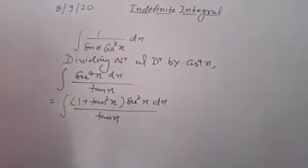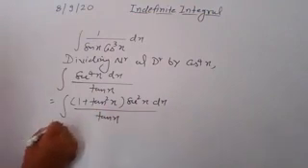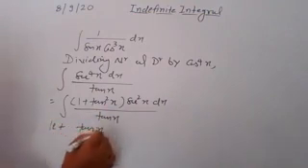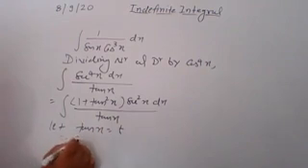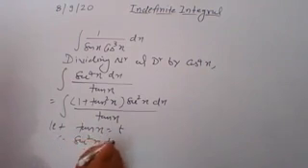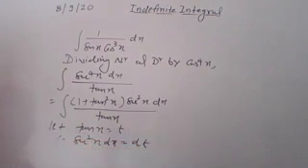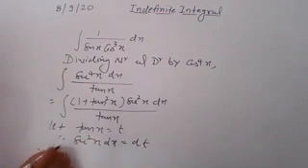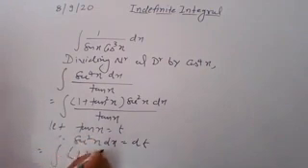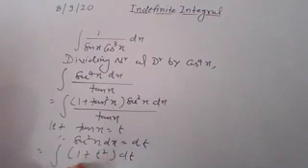Now assuming tan x is equal to t and differentiating it, you have sec square x dx equal to dt. Now putting its value, you have 1 plus t square dt whole divided by t.